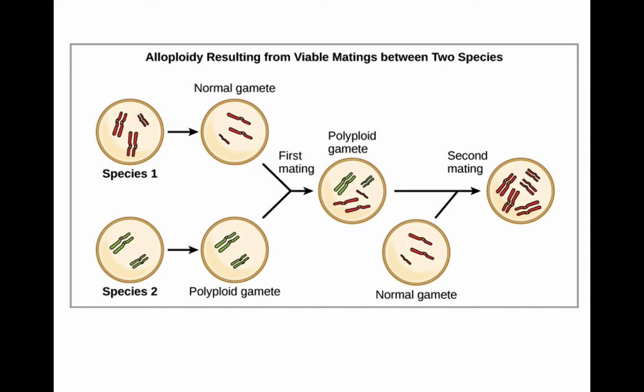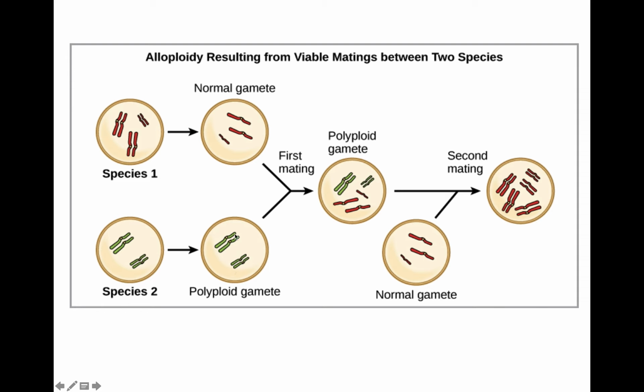Another form of species formation is allopolyploidy in the sympatric way, and that happens a lot in plants. First of all, errors happen during meiosis, so sister chromatids or homologous chromosomes don't separate, so an individual produces a polyploid gamete.